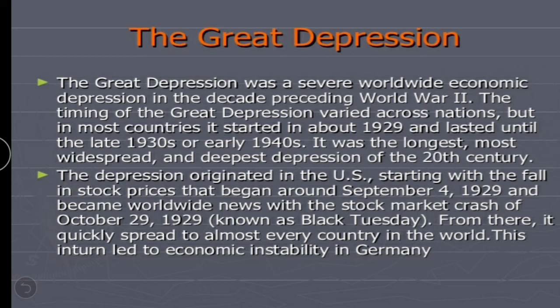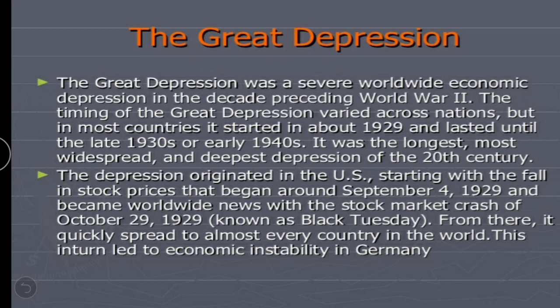And the timing of the Great Depression varied across nations. But in most countries, it started in 1929 and lasted till the 1930s or early 1940s. It was the longest, most widespread, and the deepest depression of the 20th century.